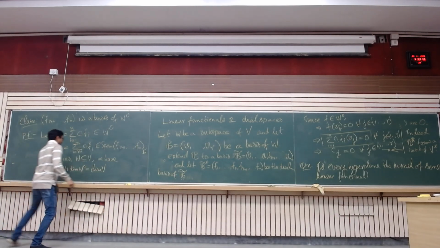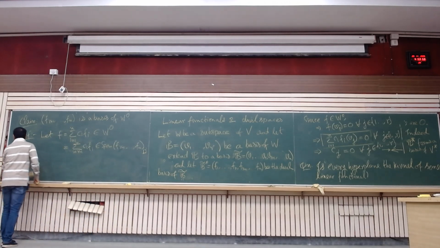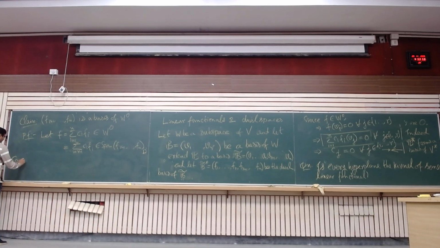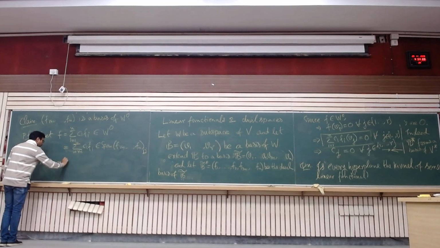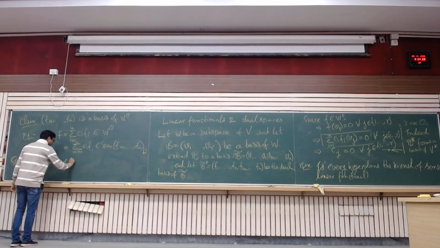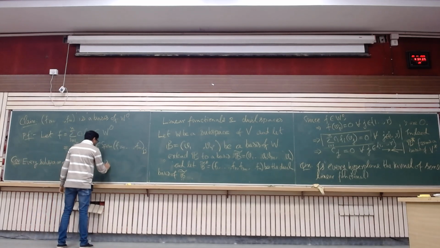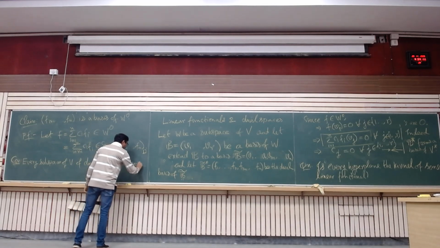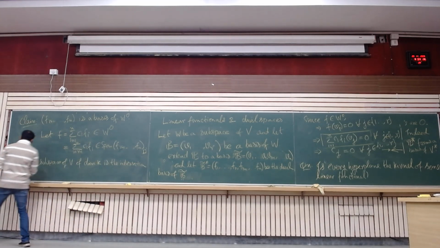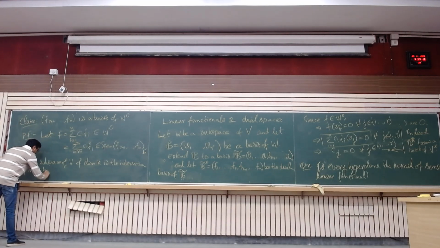And the corollary is this one, that every subspace of V of dimension k is the intersection of n minus k hyperplanes.